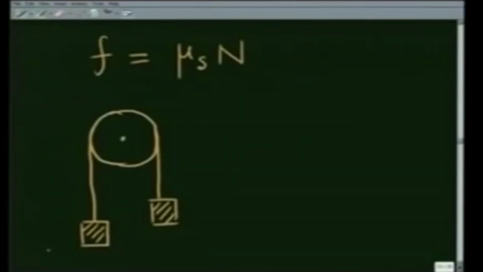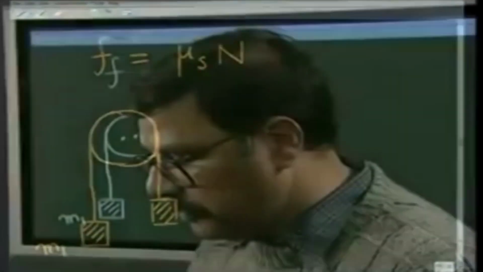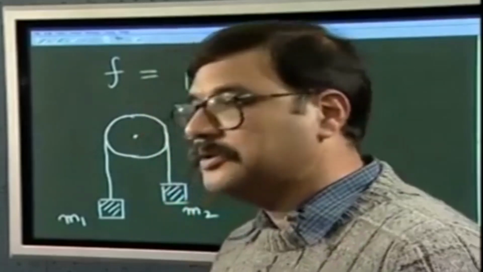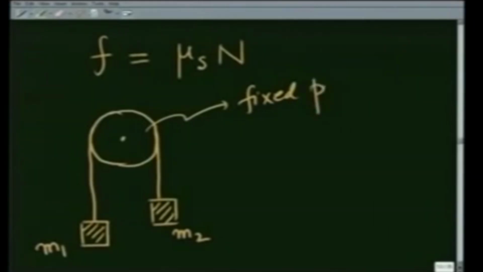Now let me take the same problem where masses m1 and m2 are at two ends of a rope, and it is passing over a fixed pulley, which cannot move. Only the rope slides over the pulley, and there is friction between the pulley and the rope.